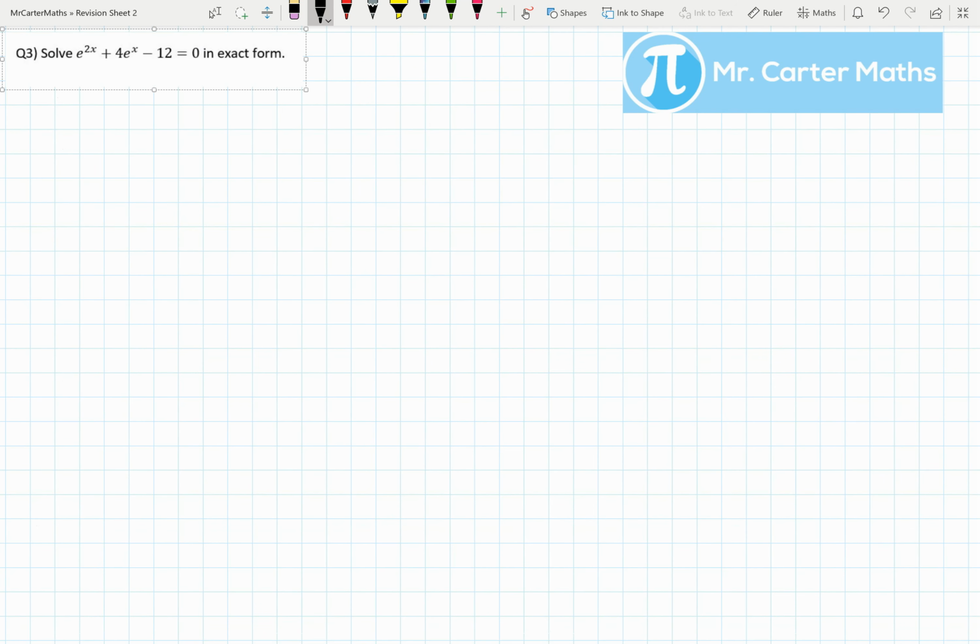Question 3. Solve this exponential in exact form. I hope we recognize the quadratic form here. We have some exponential squared. I'm going to rethink e to the 2x as e to the x all squared, using our laws of indices, to bring it out as a bracket.